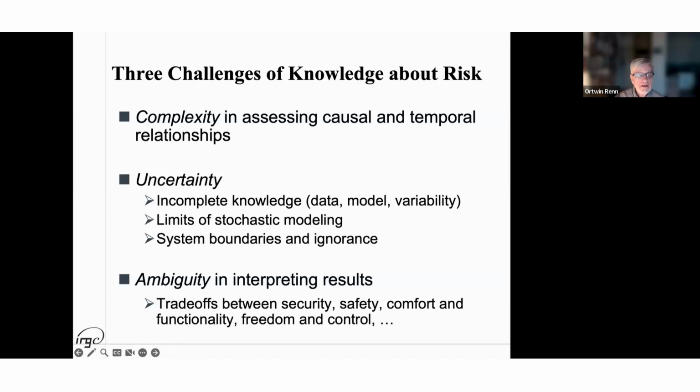We have uncertainty. A risk always has some kind of uncertainty, otherwise it wouldn't be a risk but a certainty. That can be incomplete knowledge, which is epistemic uncertainty. It could be limited stochastic modeling, which is modeling uncertainty. And we have, of course, aleatory uncertainties, where random elements play into the cause-effect relationships. And then we have ambiguity in interpreting results.